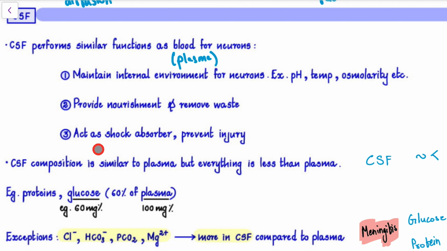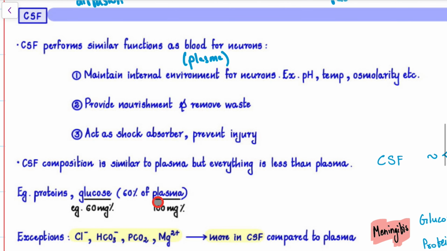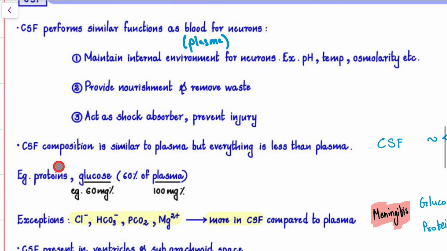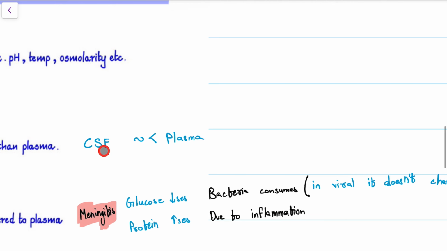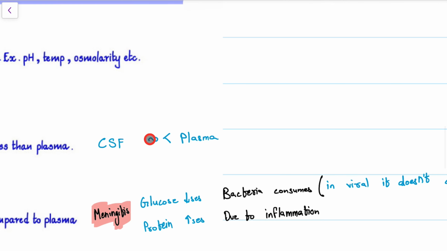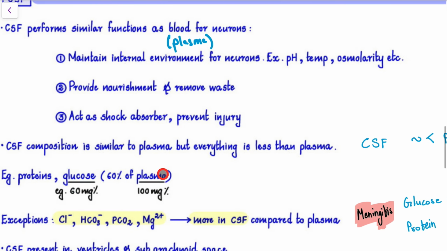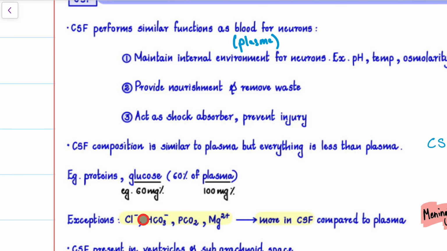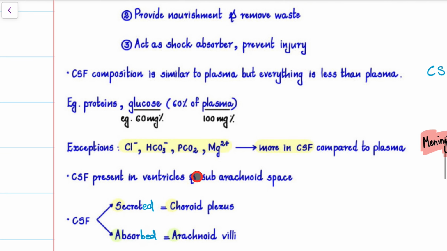And the CSF acts as a shock absorber and protects from any vast injury. The CSF composition is similar to plasma, but lesser in quantity. For example, the protein levels and glucose levels are considerably low in the CSF when compared with the plasma.